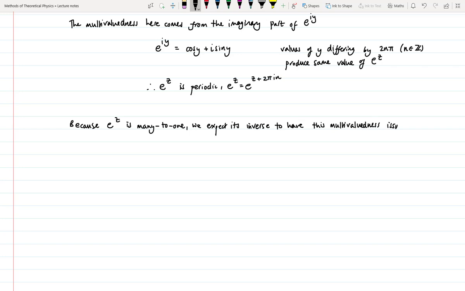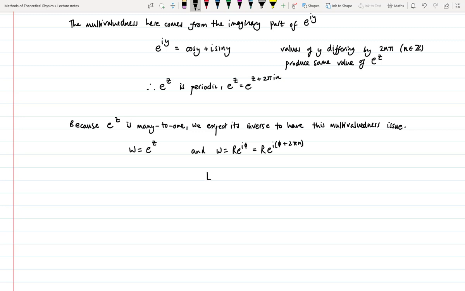In other words, this overparameterization issue. We have that our complex number w is given by e to the z, and we want the inverse. We know that we also wrote w is r e to the i phi, which is the same as r e to the i phi plus 2n pi.